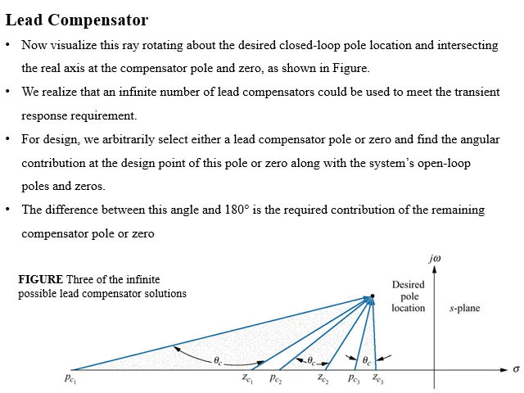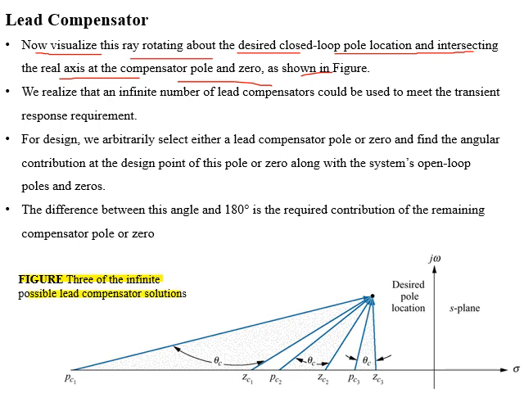Students, this can be visualized as the ray rotating about the desired closed loop pole location and intersecting the real axis at the compensator pole and compensator zero as shown in the figure.